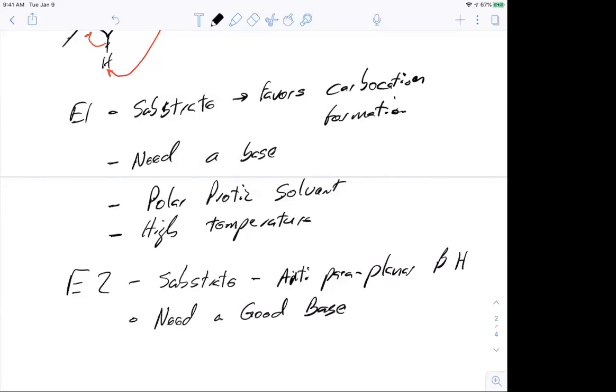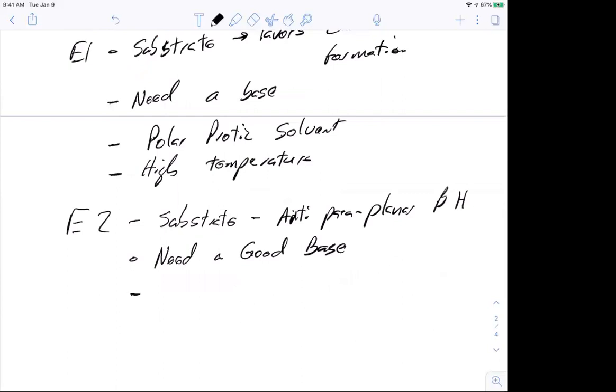The reaction starts by the base pulling that proton, so we need a good strong base. Here, solvents really don't matter. It has little impact. We can say polar aprotic, but again, that's more because that slows down E1. And then here, moderate temperatures.